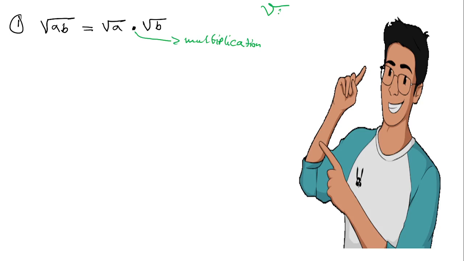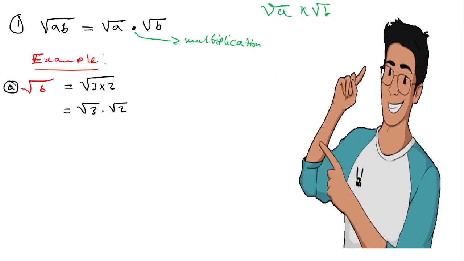So this is the same as square root 3 dot square root 2. So they are one and the same. This is the first way you can manipulate surds, so I'll make it my first example on this particular rule.